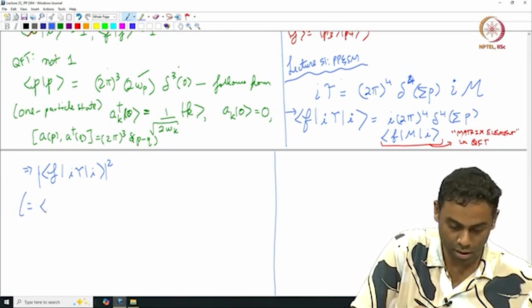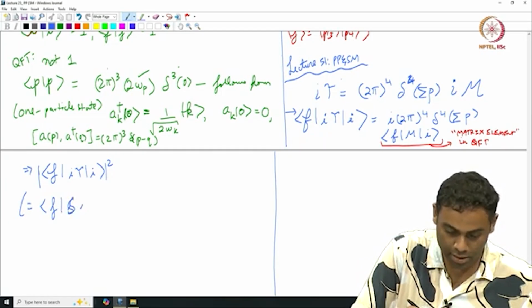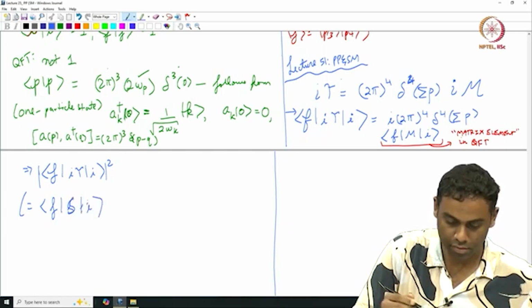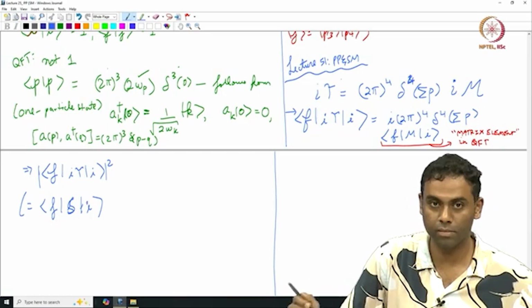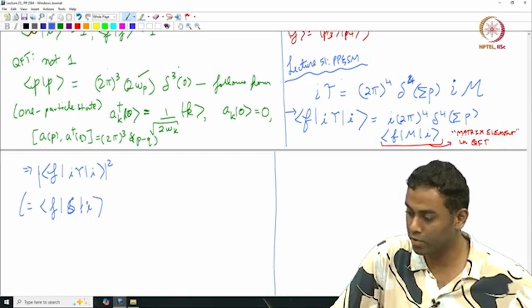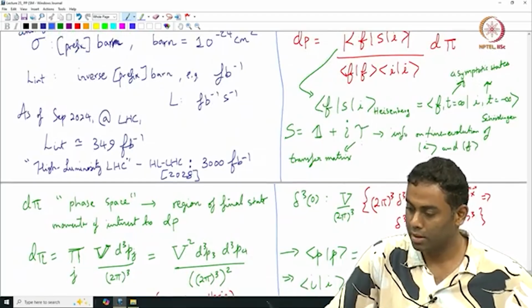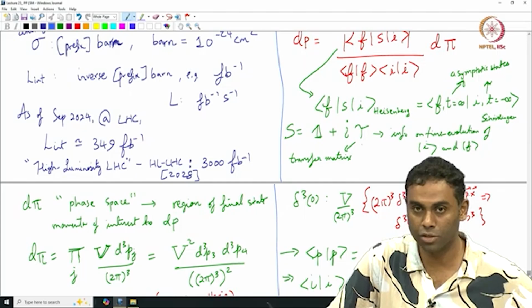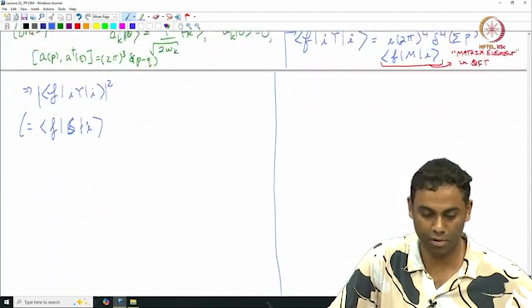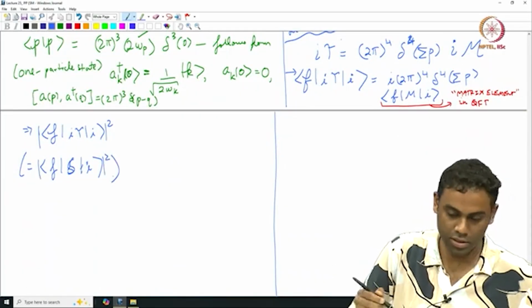That is nothing but S itself, right. The identity matrix is not going to do anything, that just goes to 0. So when I write S as identity plus IT, if I take the inner product of F and I, that's just 0, there is no transition there, alright.